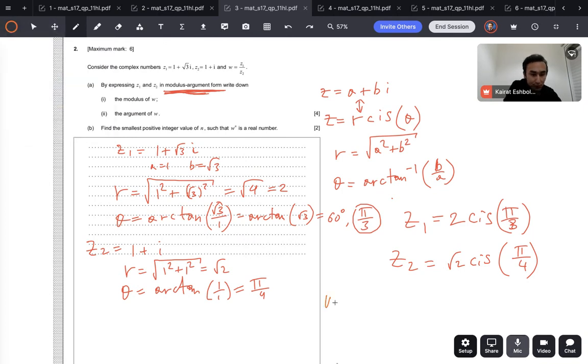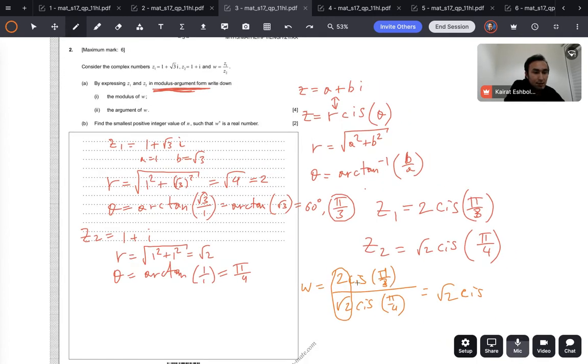So w now is equal to z1 over z2, which is 2 cis pi over 3 over root 2 cis pi over 4. And so how much is this? By the way, 2 divided by root 2 here is just going to be root 2. And one thing that you need to write down is the following.